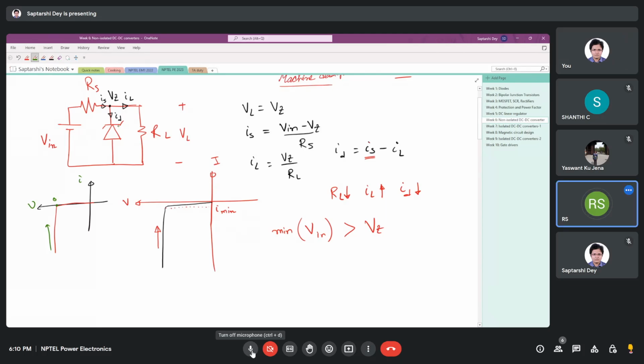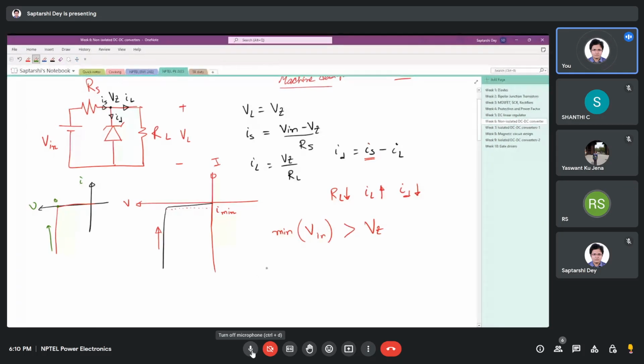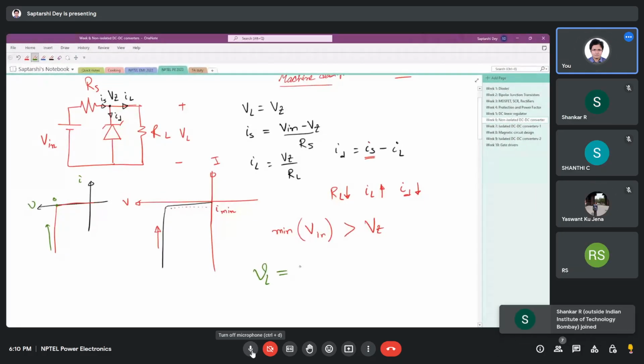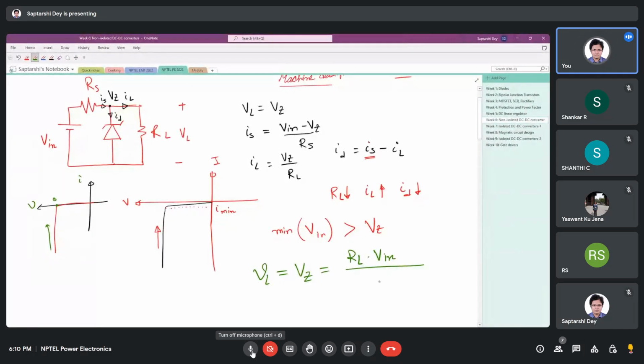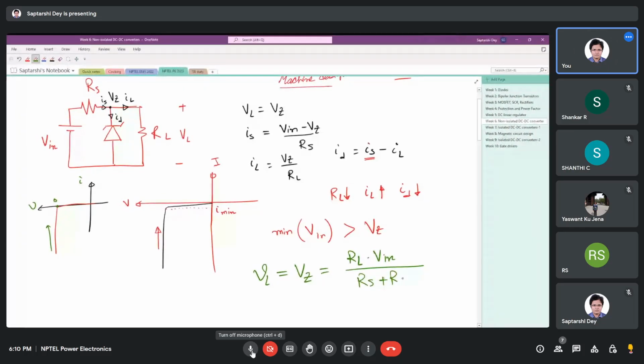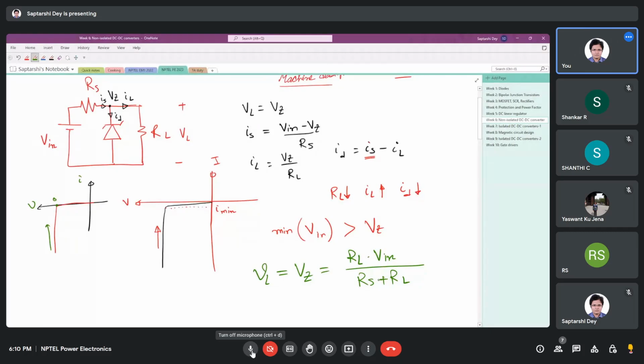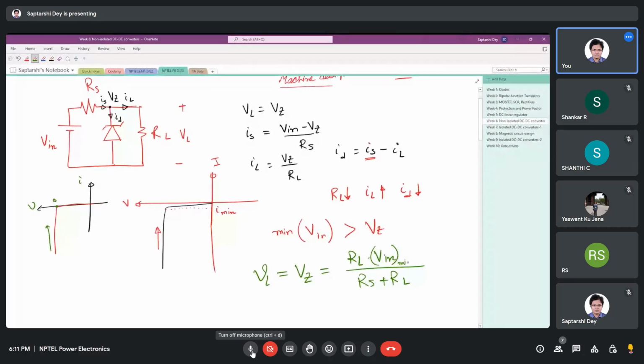So what if we have no diode? If you want constant regulation at this condition also, then your load voltage VL should be equal to Vz, which should be RL times V in by RS plus RL.